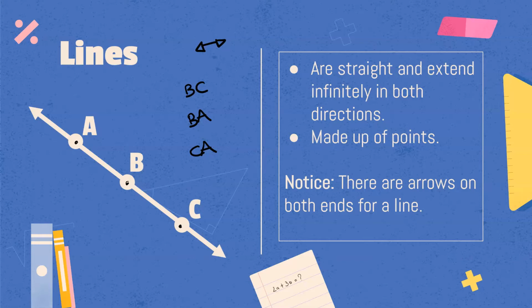So whenever we name a line, we always have to put the 2 points, and then we have to put this symbol above, just like so. And so that's pretty much all there is to lines.